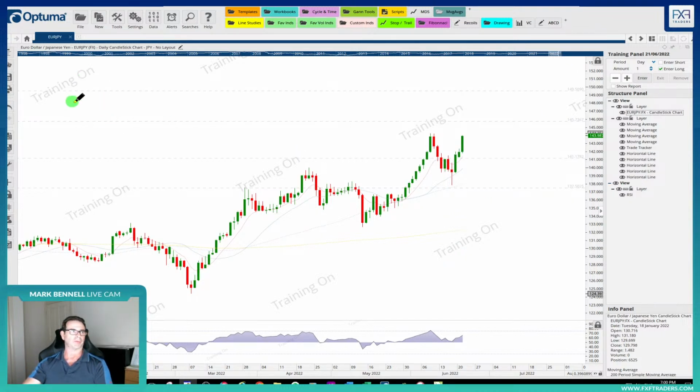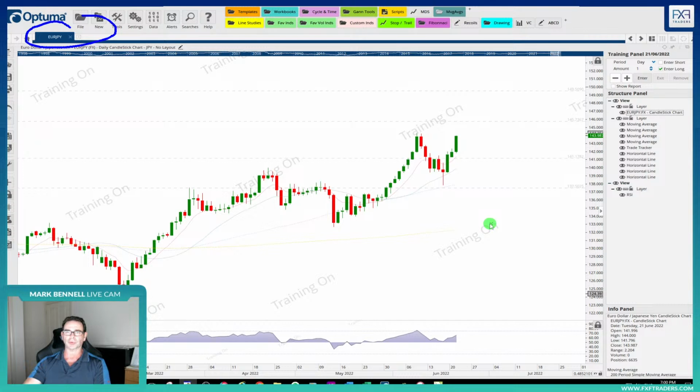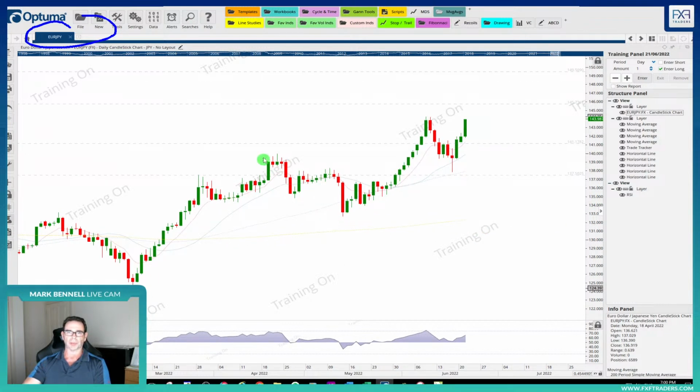What we did is we focused on Euro Yen as an example, the daily chart, and we went through bar by bar and looked at all the areas that were contextually good to then drop down and look at lower time frame entries.